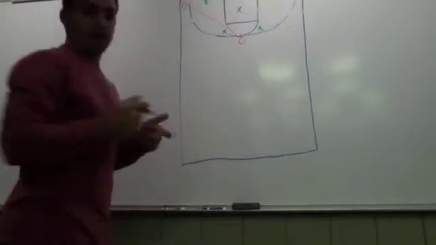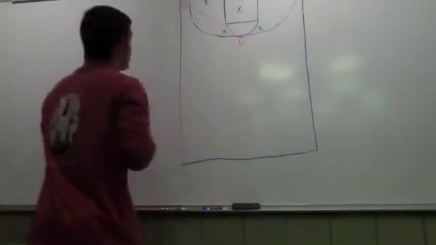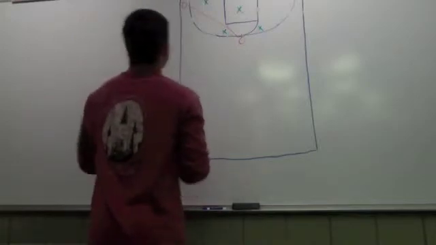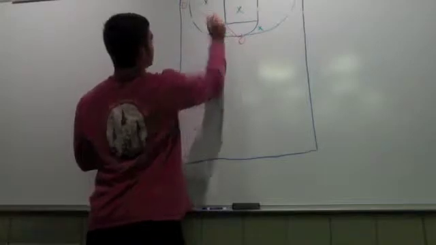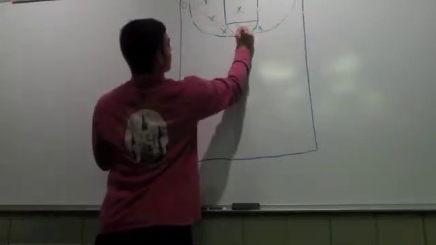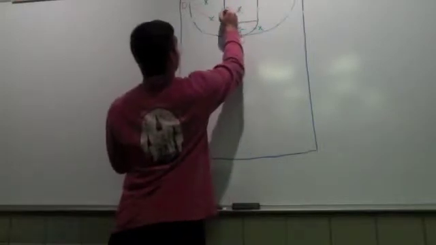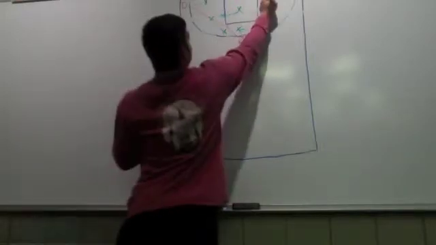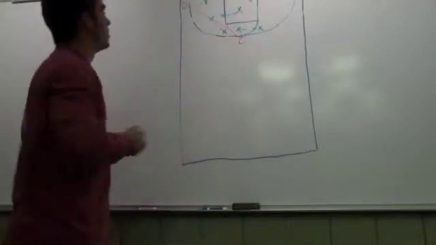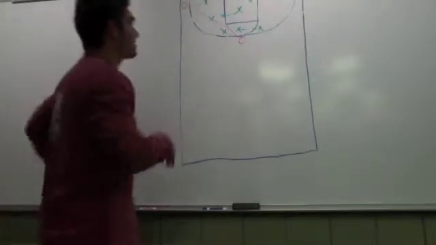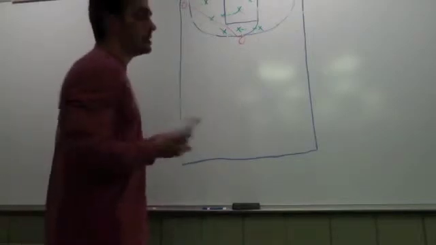All that's going to happen is he'll shoot down and play that passing lane zone, he'll slide over, play here, he'll slide over, play that passing lane, and he'll slide over all the way and play underneath the goal to where there's no backdoor cuts to the goal for an easy layup.